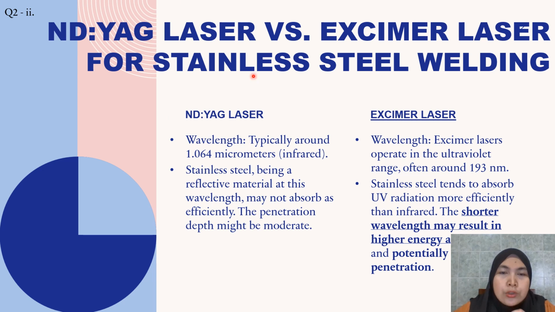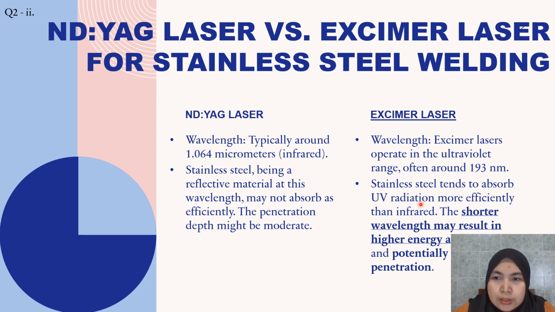Then we need to differentiate the Nd:YAG laser and the excimer laser, which are two different types of laser that operate at different wavelengths and have distinct characteristics. To determine which one will give higher depth of penetration for stainless steel, we need to consider their respective absorption properties in the material. The wavelengths are different.